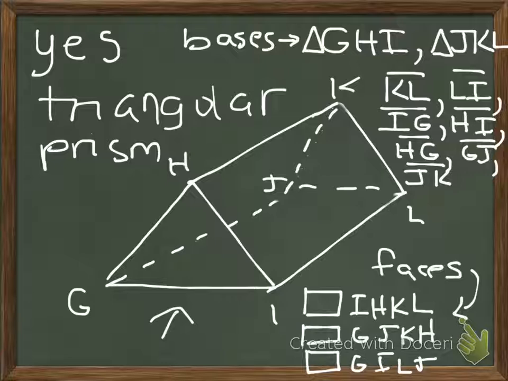We did KL, JL. And I'm just looking to see if we missed anything. And it looks like we've gotten all of the sides. So these are considered the edges.